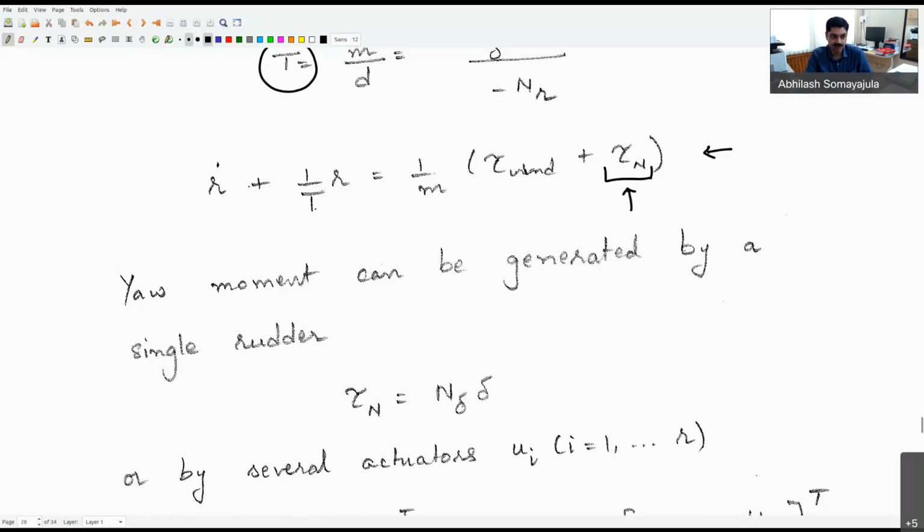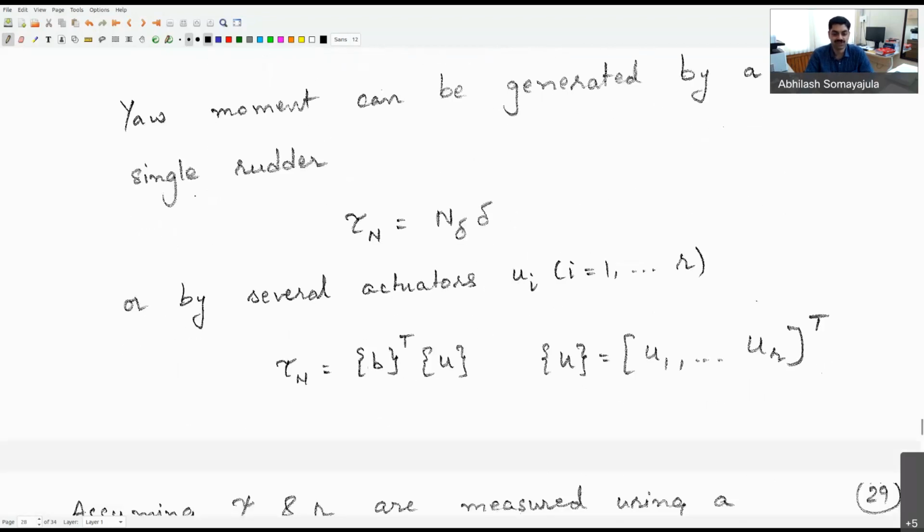But suppose I have more inputs than a single rudder. Let's say I have a bow thruster and azimuthing thrusters which the ship is equipped with. Then I may have multiple actuators, so let's say I have R actuators.